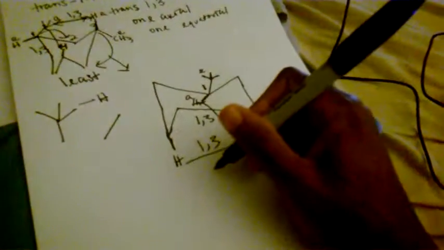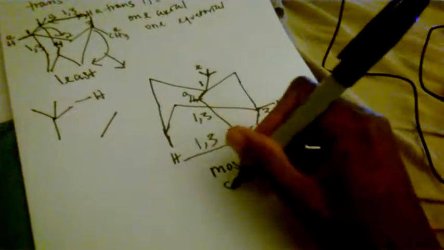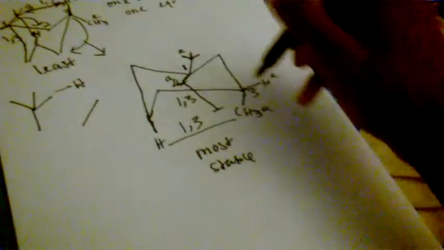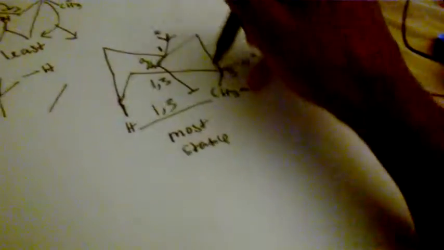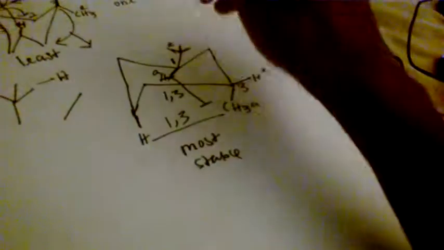So this is your most stable conformer, because you have your smaller substituent in an axial position and your larger one in the equatorial position, where it's flanked off to the side and can't interact with anything else in the molecule.